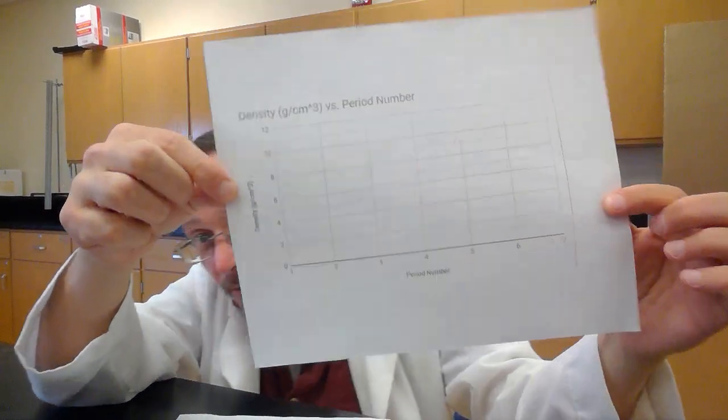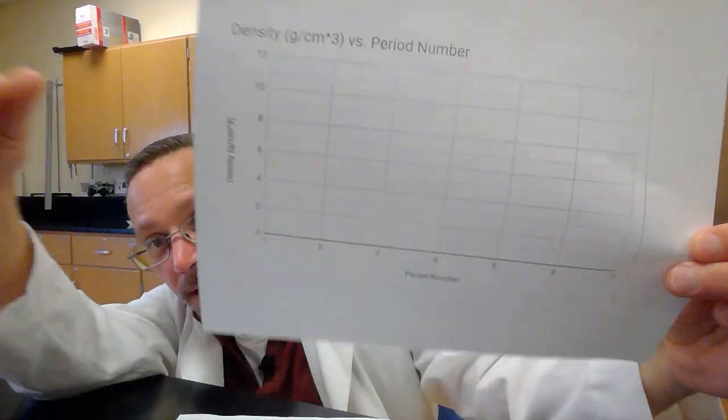And it wants us to make a graph of the period number on the x-axis and the density on the y-axis. You'll see right next to that on your handout a graph that's set up correctly, and I have a copy of it here that I've blown up so that I can show you. And they want us to make a little graph with these numbers in it.